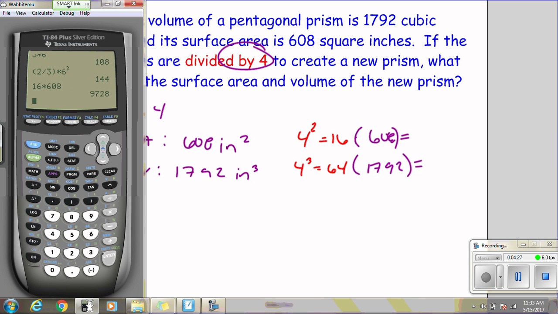Oh, I'm so sorry. Rewind. It's divided by 4, which is the same thing as 1 over 4. I need to fix that.